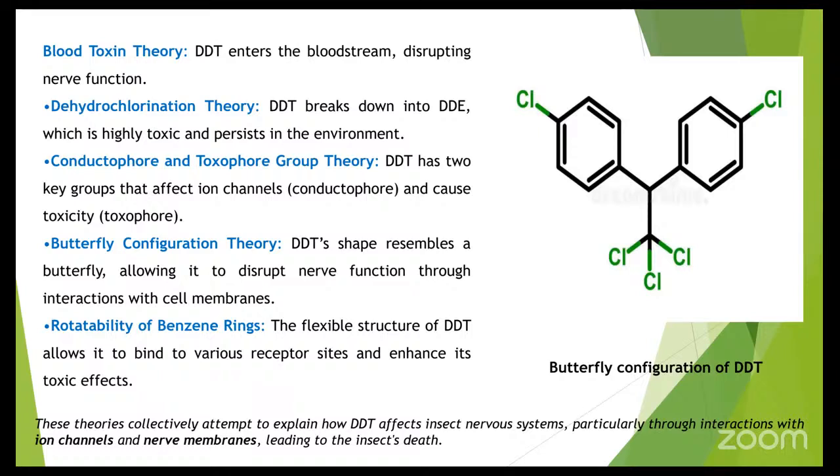The blood toxin theory was proposed by Sternburg and Kearns. According to them, the blood of DDT-poisoned cockroaches contained a toxic factor other than the DDT. This factor was toxic to flies and produced DDT-like effects in cockroaches' nerve cords.